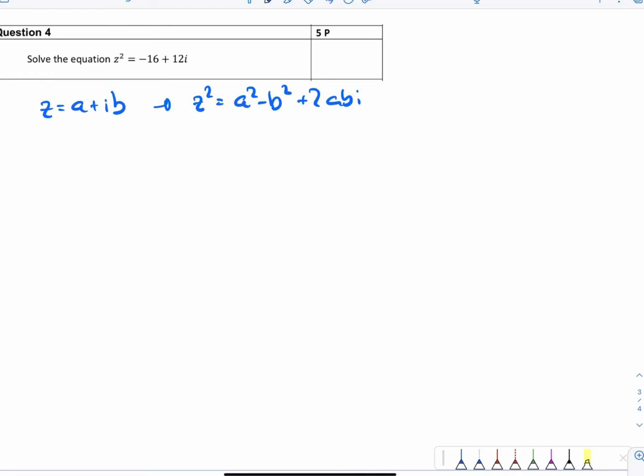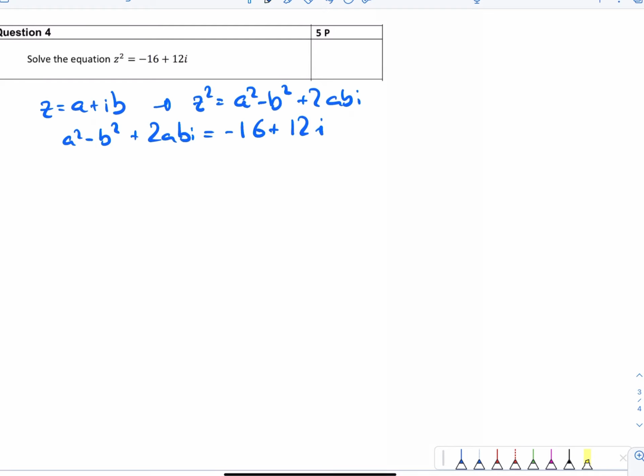So we get that a squared minus b squared plus 2abi has to be equal to minus 16 plus 12i. Note that this is just coming from expanding the number z is equal to a plus ib squared.